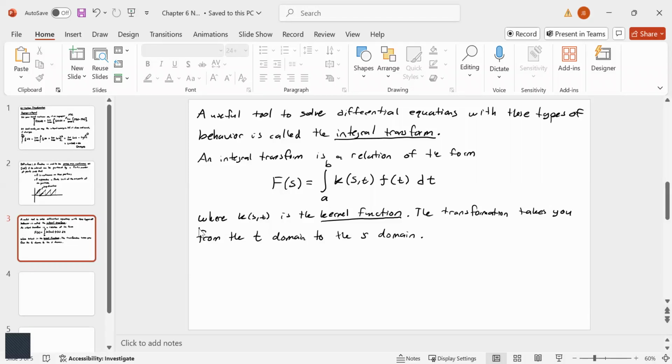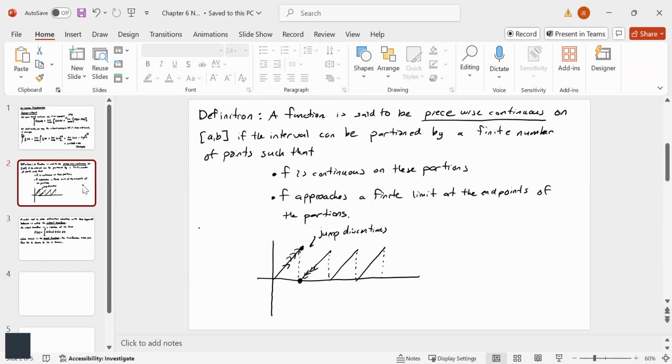Now, again, you might be asking why would I want to do that? Well, the answer is this. In one domain, things are ugly. If you go back to this example, in this domain, where this is t, it's not very nice to deal with. However, if you do a transformation into this s domain, the picture becomes a sine and cosine curve.